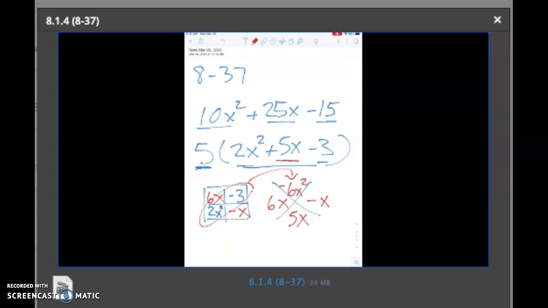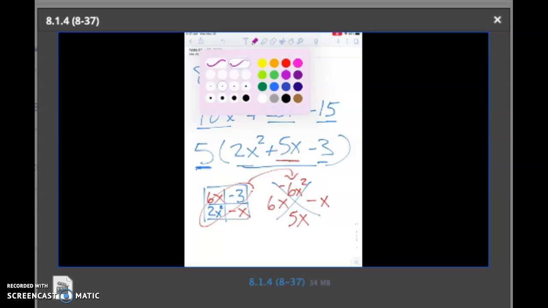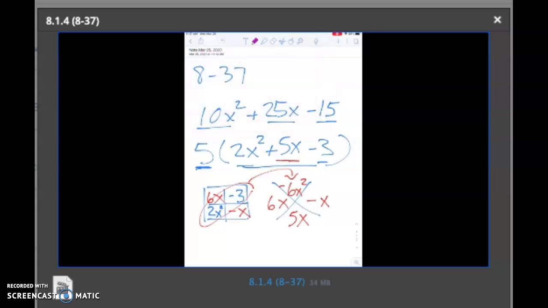And now we are just looking for the product of that generic rectangle. Down here, I know that 2x goes into both 2x squared and 6x. And so this over here is going to have to be a positive 1x, so that 2x times 1x gives us 2x squared.